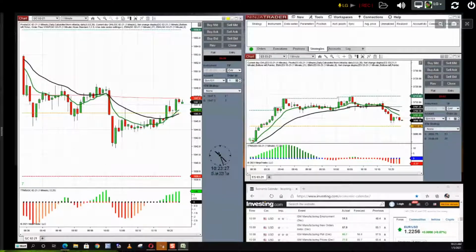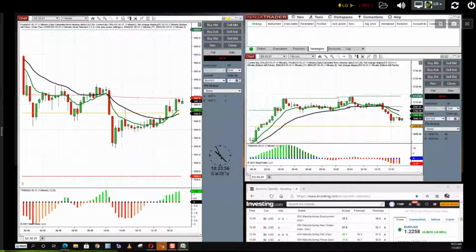Also, if I didn't move my stop, I would have had a bigger profit. So I make a note of that. I want to know which trades lend themselves to doing that so I can make a decision whether or not this year I'm going to protect my profit more or less.